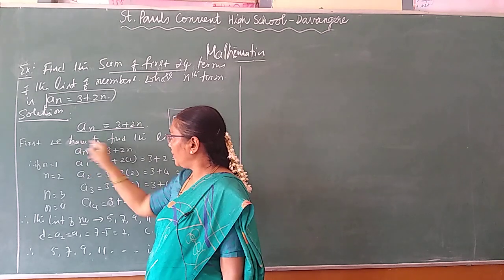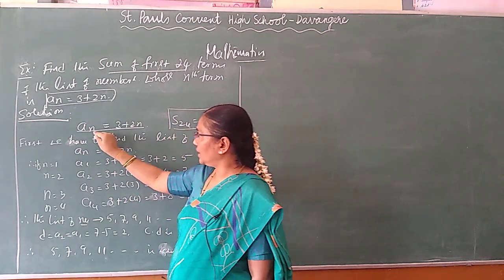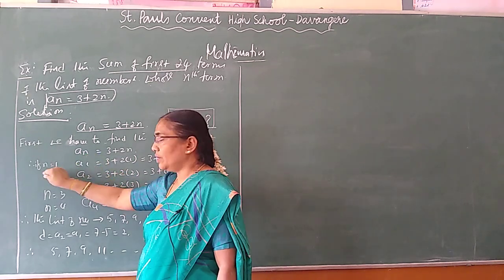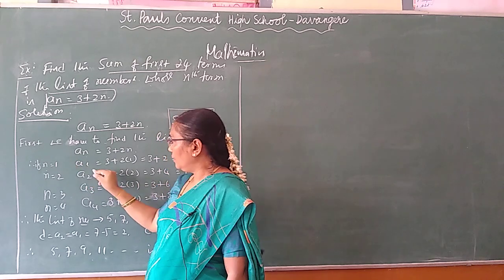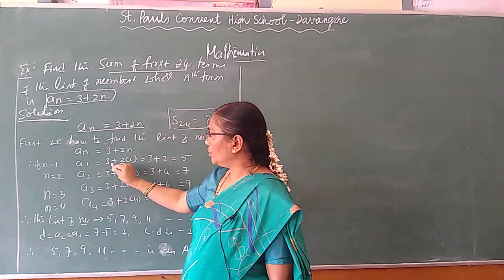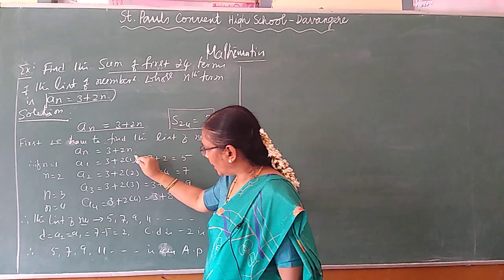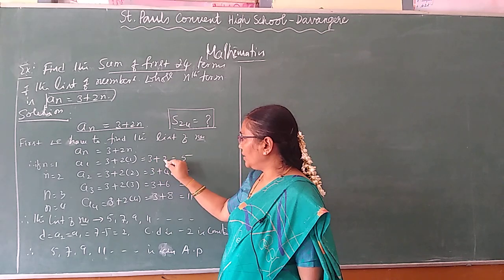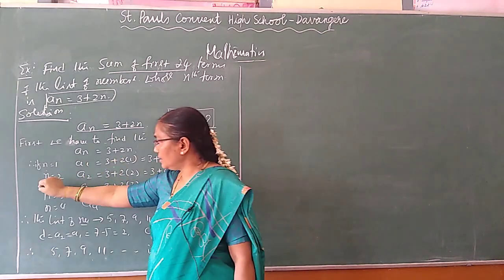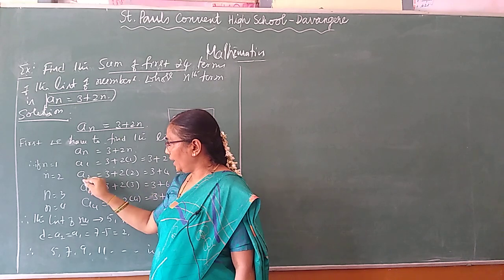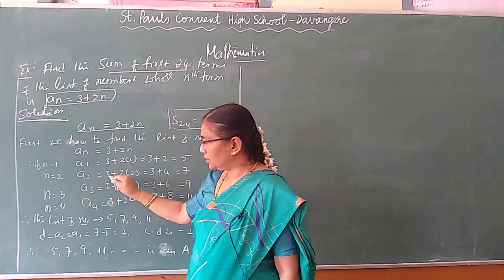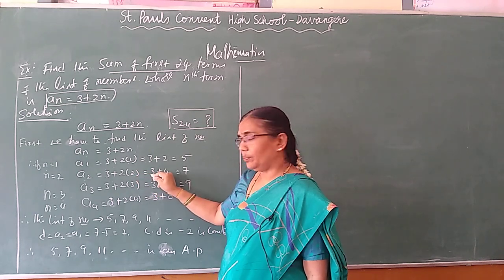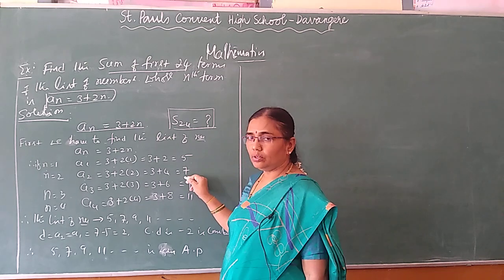Now we have to find the list of numbers with the given an term. In an term, if you put n is equal to 1, we get a1 is equal to 3 plus 2 into 1, 3 plus 2 ones are 2, 3 plus 2 is 5. If n is equal to 2, a2 is equal to 3 plus 2 into 2, that is 3 plus 4, that is equal to 7.